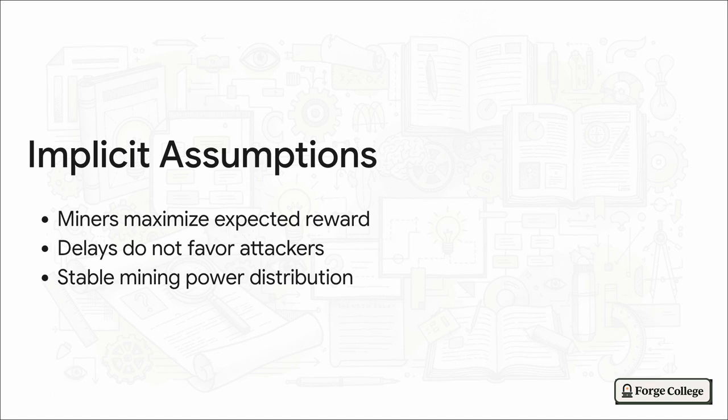Block propagation delays don't persistently favor attackers. Basically, it assumes a level playing field on the internet. And third, an economic assumption. Mining power distribution remains relatively stable. But what if an eccentric billionaire buys up 60% of all miners just to watch the network burn? The stable distribution fails, the rational actor theory fails, and Satoshi's guarantee completely crumbles. Exposing these is how you find the actual system risk.